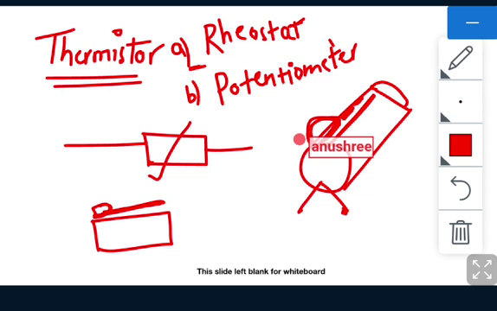Can you spell it? MOSFET. Yeah, and then it says metal oxide semiconductor field effect transistor. So what does this mean? It's a transistor.